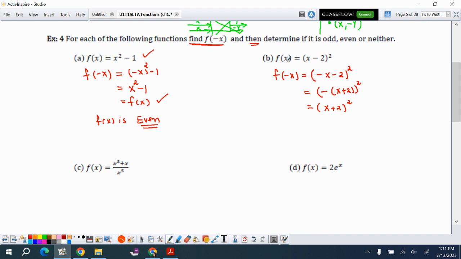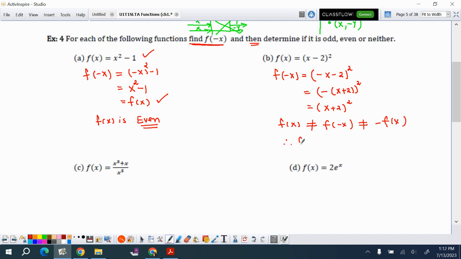So here if we replace x with negative x, the whole (x minus 2) squared becomes (x plus 2) squared. So this is not the same. This is not the opposite sign. So we can say f of x is not the same as f of negative x, which means it is not even, and not the same as negative f of x.